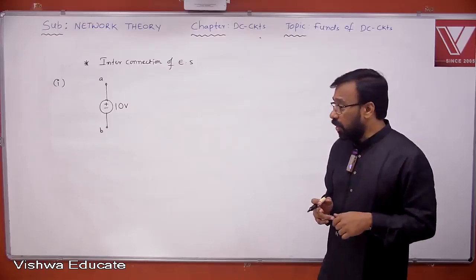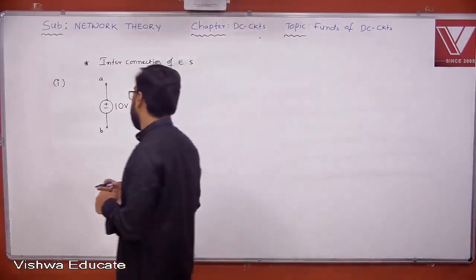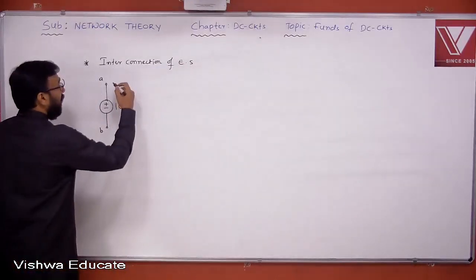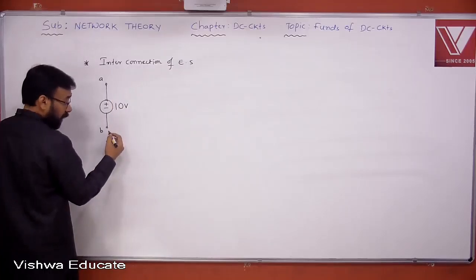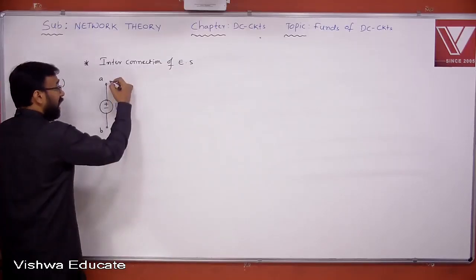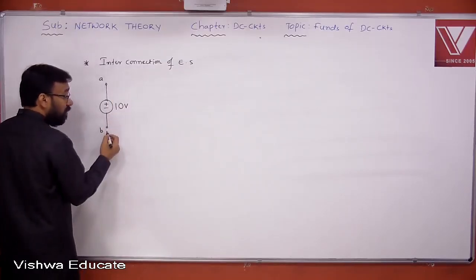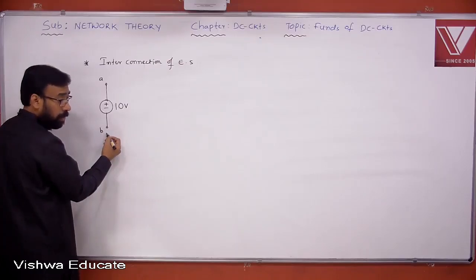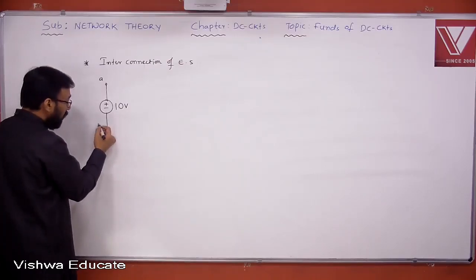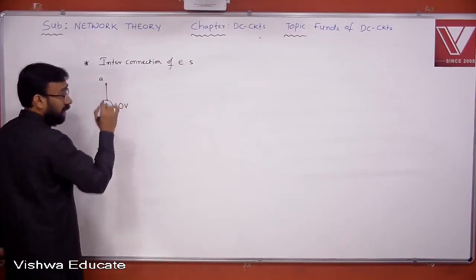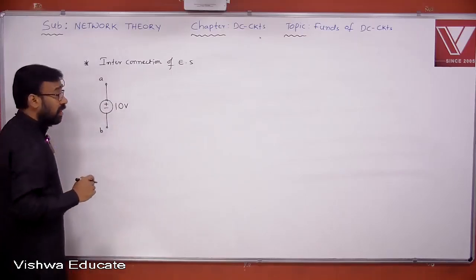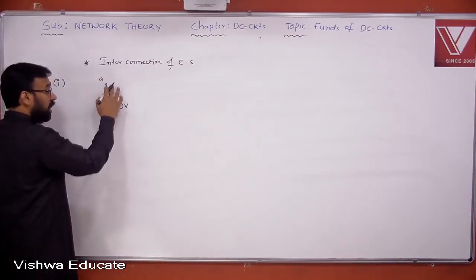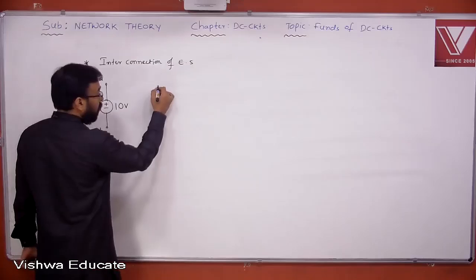I would say definitely, the voltage at A, I do not know unless I know the value of voltage at B. I do not know what is the voltage at B unless I know the voltage at A. But I know one thing: the potential difference between A and B is very much known to me.